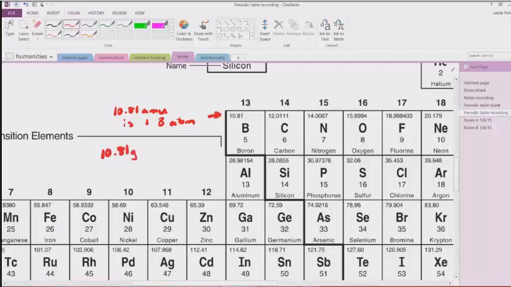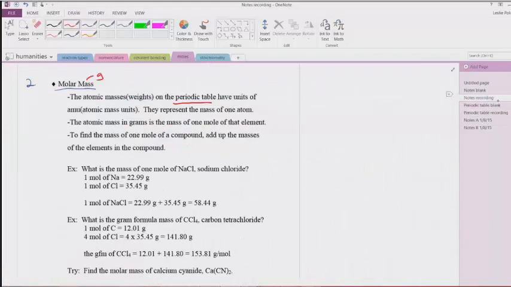And 10.81 grams of boron is 1 mole of boron. So the atomic mass is the molar mass for one element. So if we have a compound, all we have to do is add up the masses.